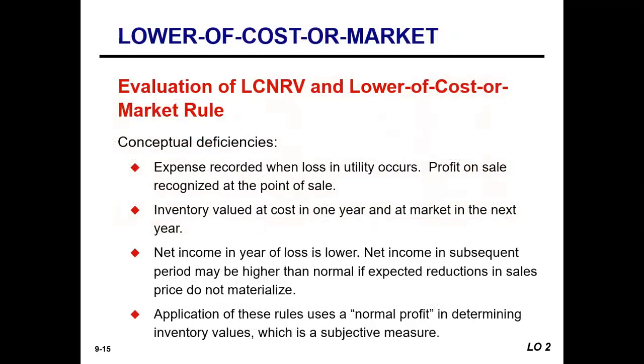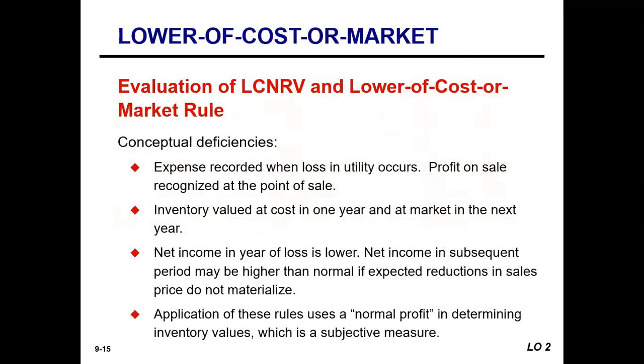All right, so some of the areas of concern with choosing lower of cost or net realizable value, or lower of cost or market rules, is that there are some conceptual deficiencies.